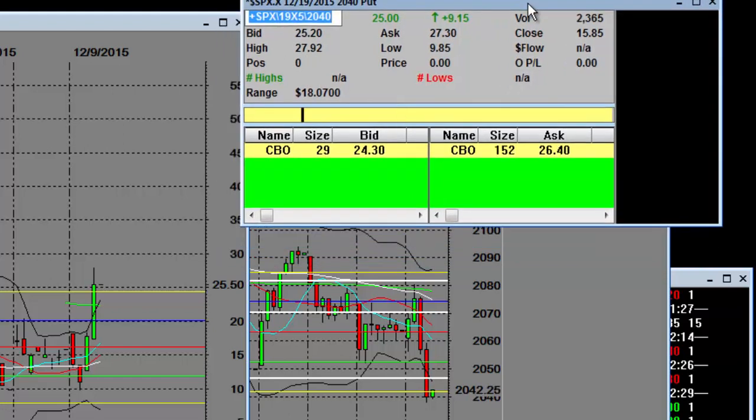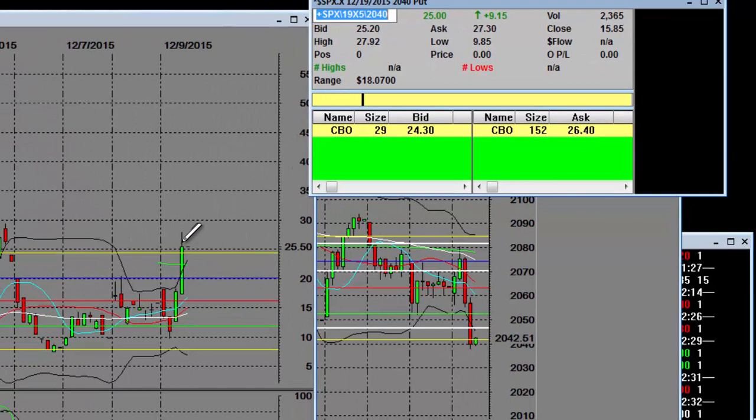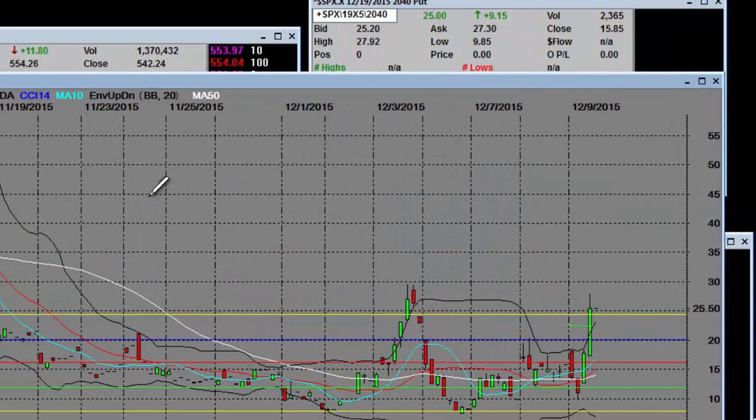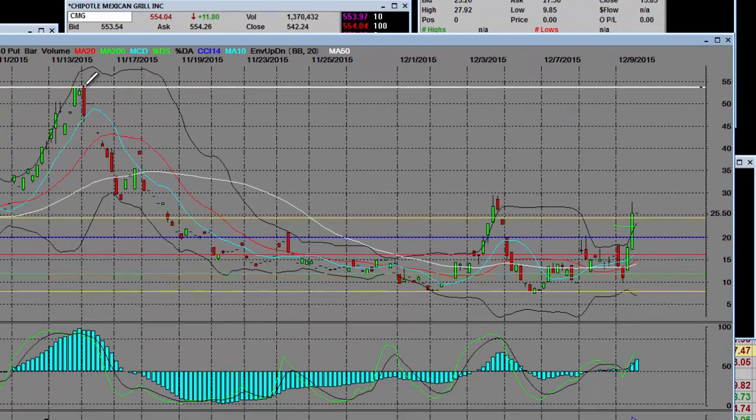Now, this is the 2040 put, which was $40 below the market. As the 60-minute chart went straight down in the S&P, we bought the put options and had a big super move. These contracts were $55 back on 11/13.